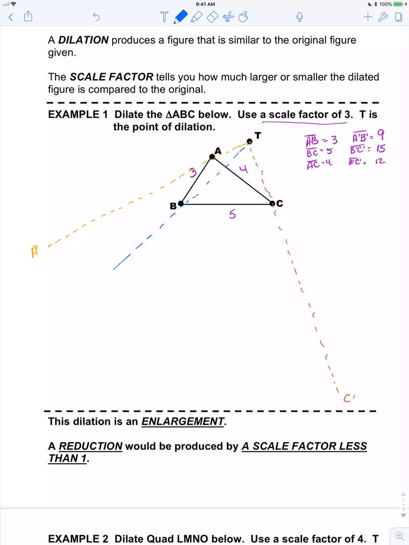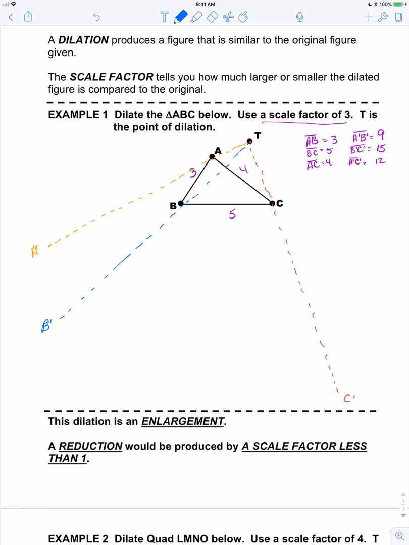These are not going to be very accurate. So that's my B line. Then we know from A to C that was 4, so the new one needs to be 12. This is where you need the graph paper, because you need to come straight out at the same angle. When triangles are similar, they have the same angles, so we go until it's approximately that 12 length.